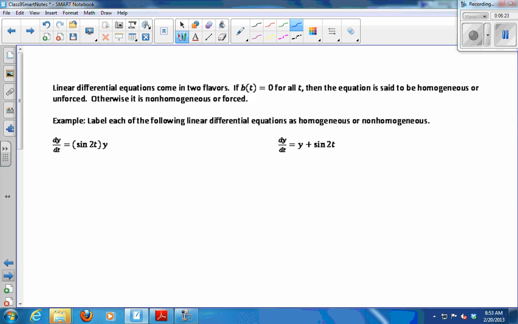So which of these is the homogeneous linear differential equation? The first one. Yep. We've got an A of t, a function that is the coefficient to y, and B of t is 0.